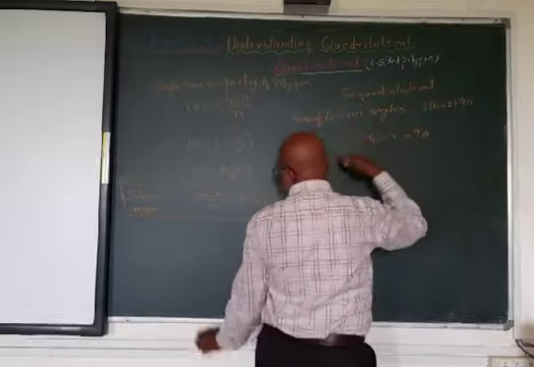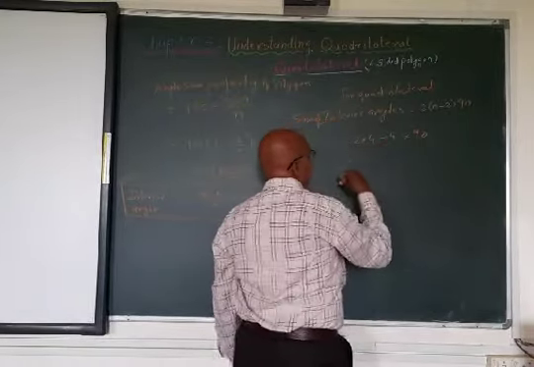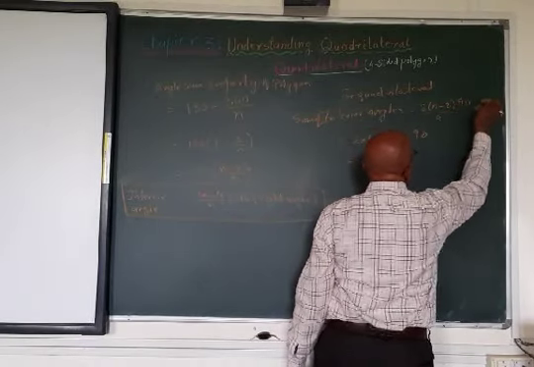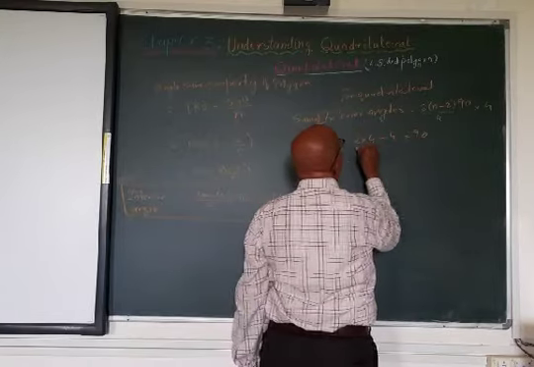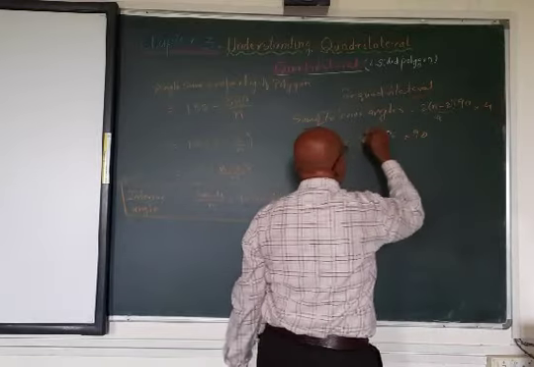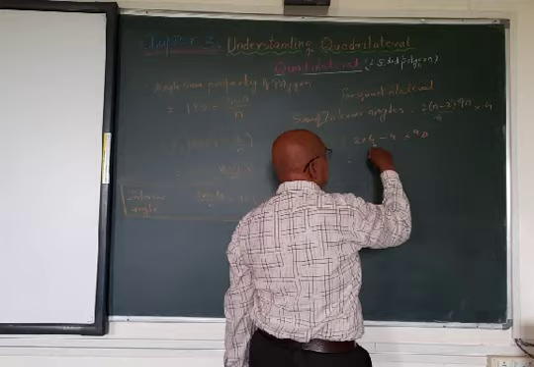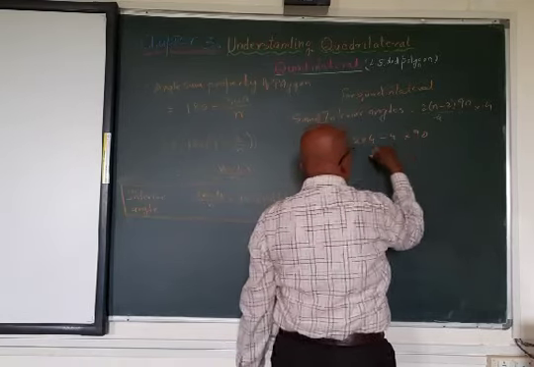So this 4 gets cancelled here, and I get 2 into 4 minus 4 into 90.